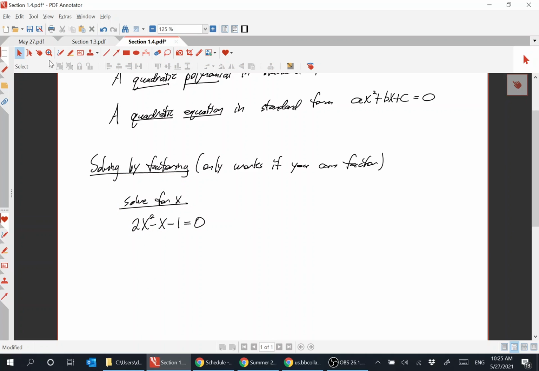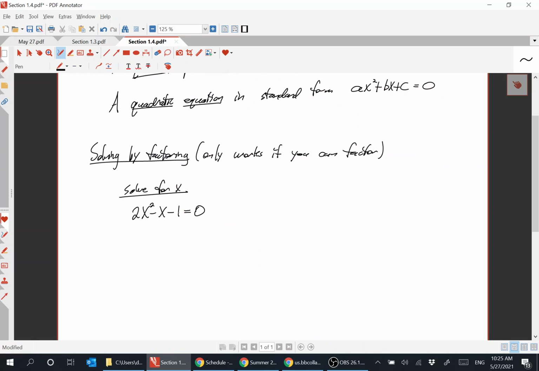That's the quadratic equation, and you want to solve it for x in standard form. In order to get it in standard form, you may have stuff on both sides of the equation, in which case you push it all over to the left-hand side. You add or subtract from this side and move it over here, collect like terms, and there it is. Well, this one factors. It's 2x, x, and these both have to be 1. One is positive, one is negative, and there it is. So 2x plus 1 times x minus 1 equals 0.